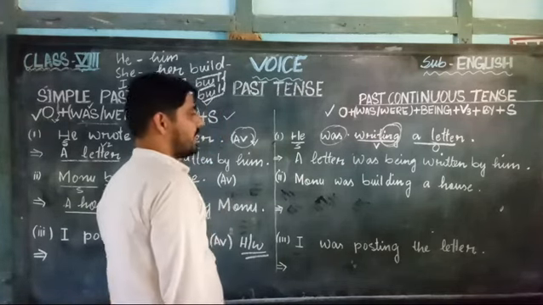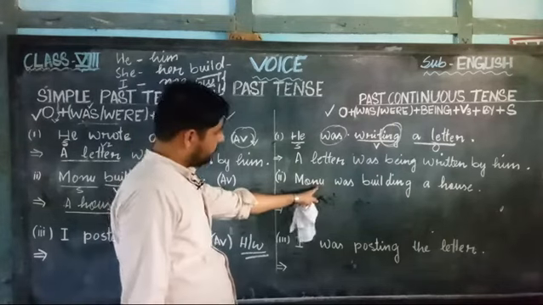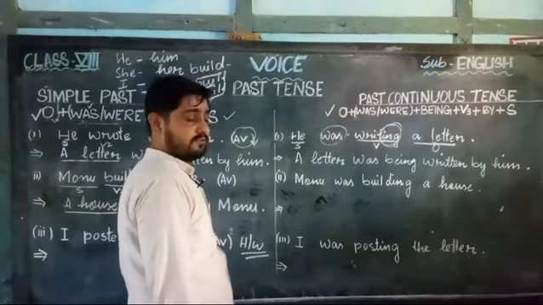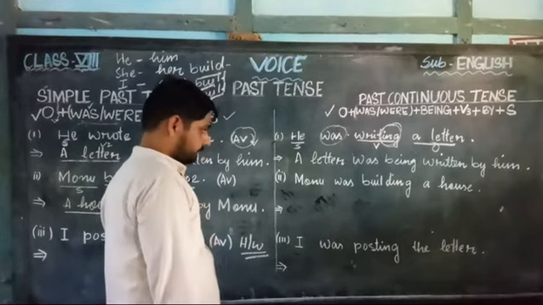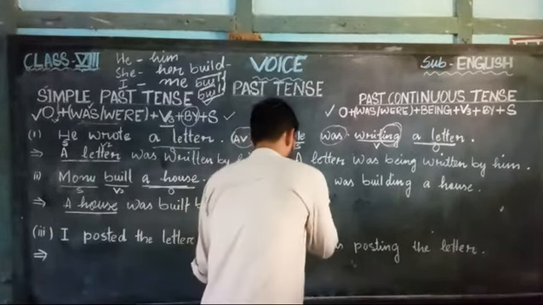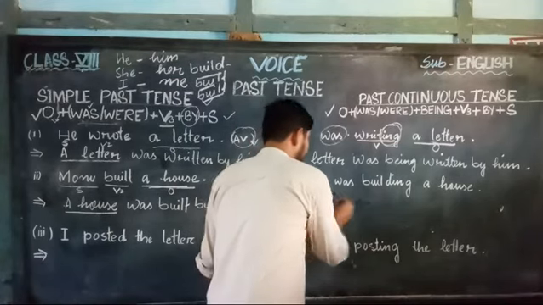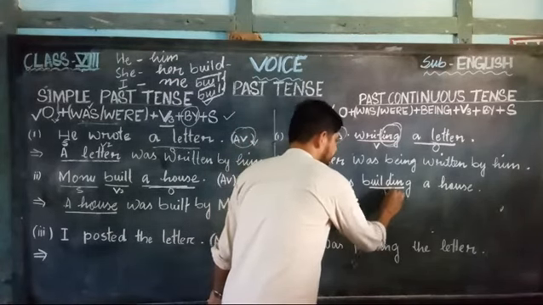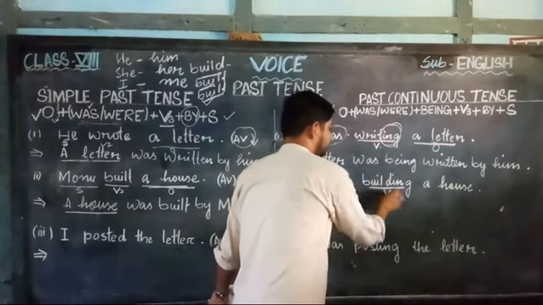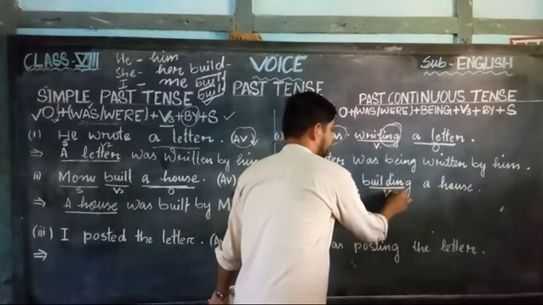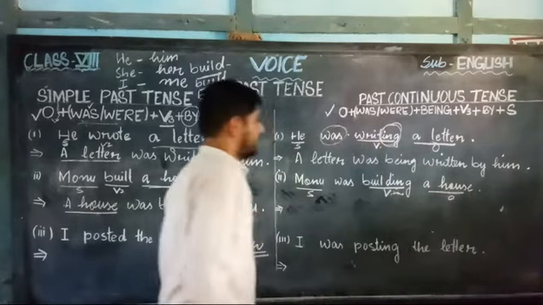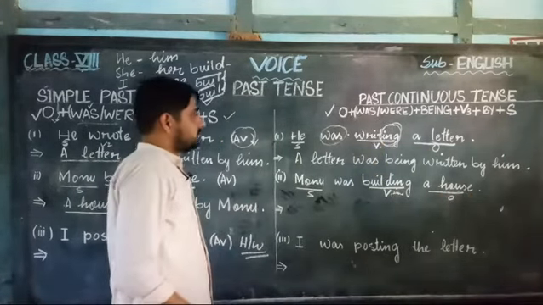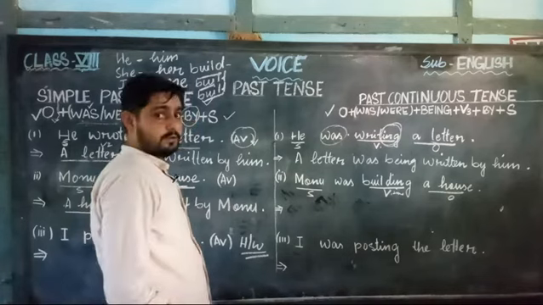Monu was building a house. This is also a past continuous tense. So let's find out the subject. This is the verb, means V1 plus ing is there. Then the object. So by using the rule, what will we write?